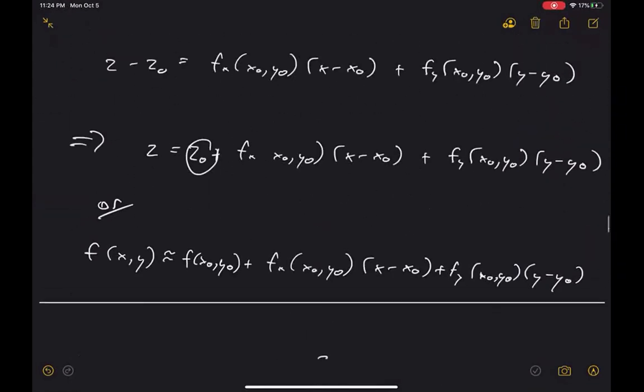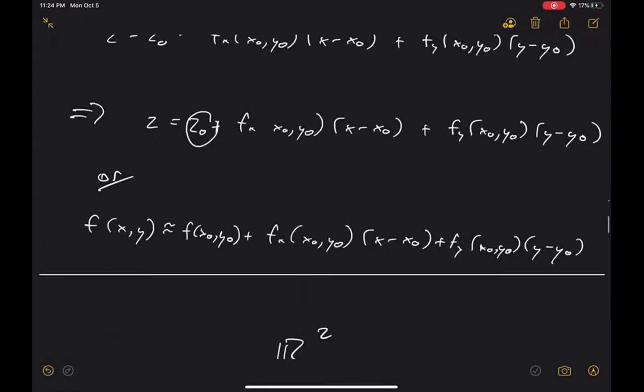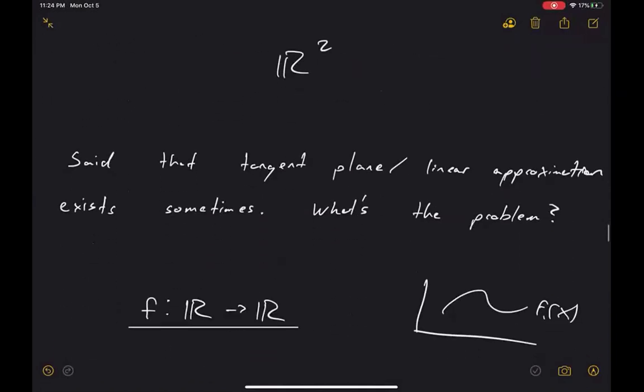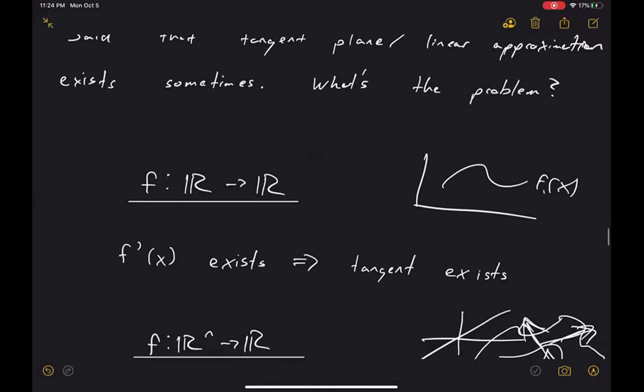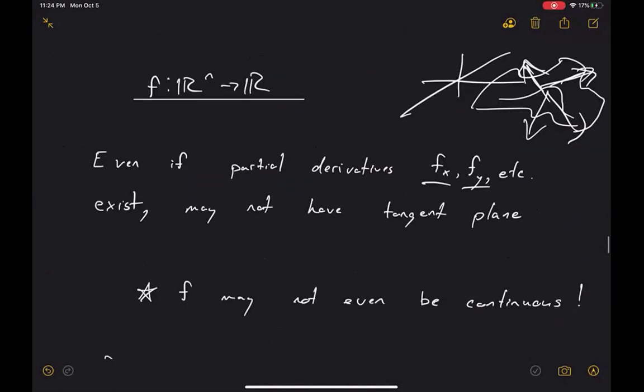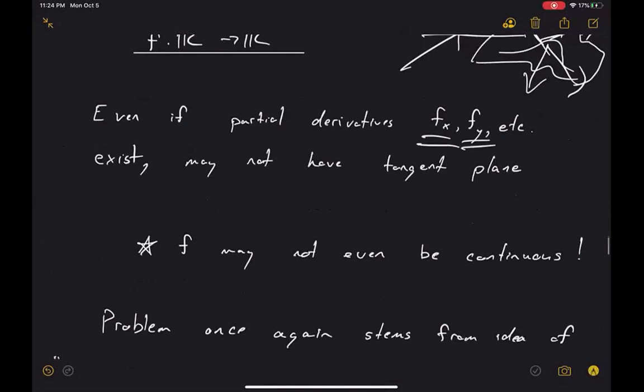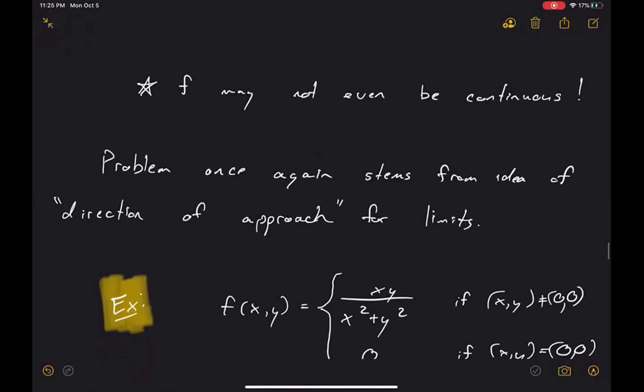Because in the single variable case, f from R to R, if f prime exists, we know that f is continuous. And there is a similar result for Rn, but we need more than just these partial derivatives. If we have the partial derivatives f sub x, f sub y, that's not enough to guarantee our function's even continuous. And so it's certainly not enough to guarantee that some tangent plane exists.